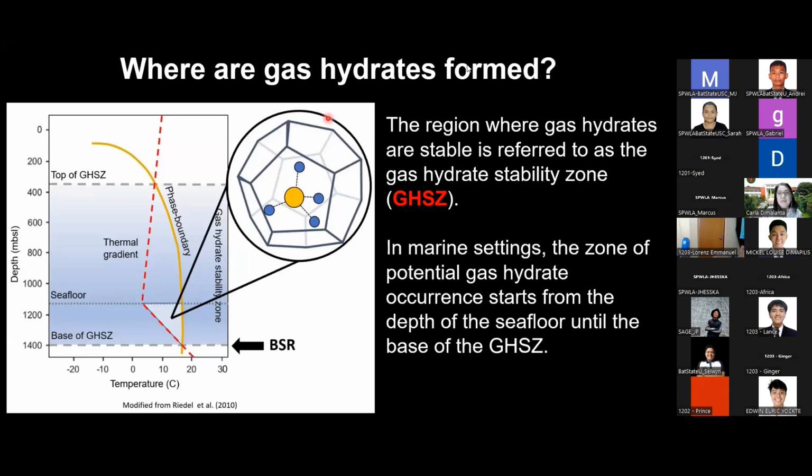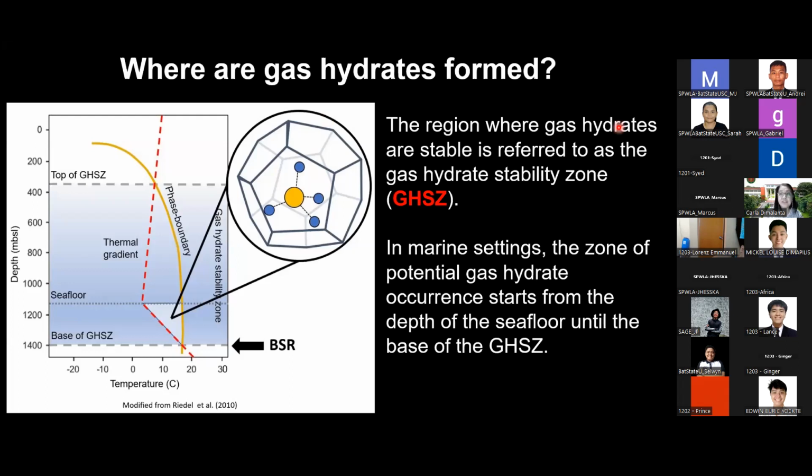One of the requirements to form gas hydrates, as mentioned earlier, is the presence of low temperature but moderate to high pressure conditions. This requirement of the pressure and temperature conditions dictates at what depth and at what level gas hydrates can form.